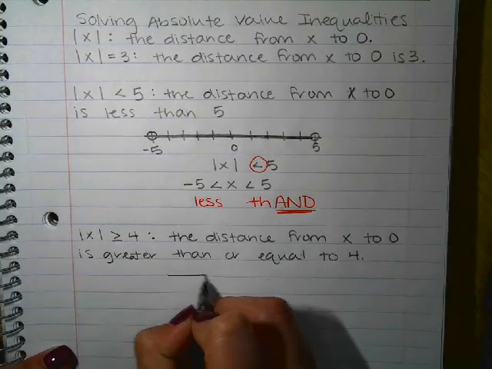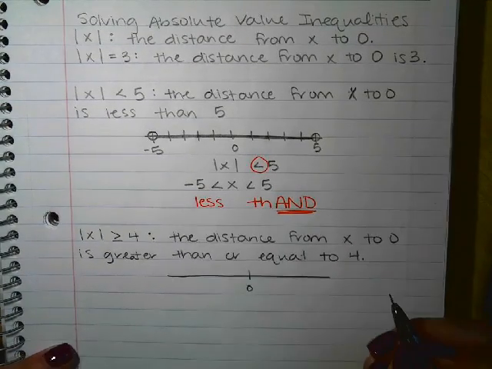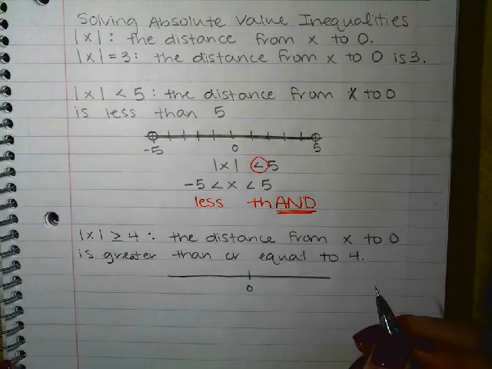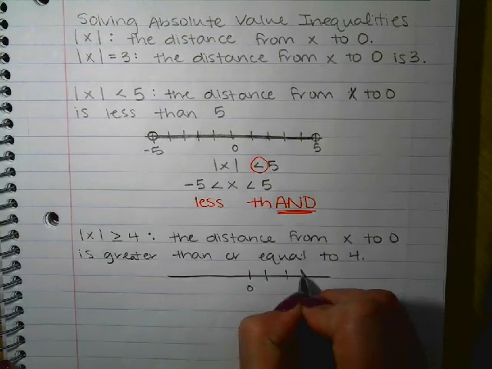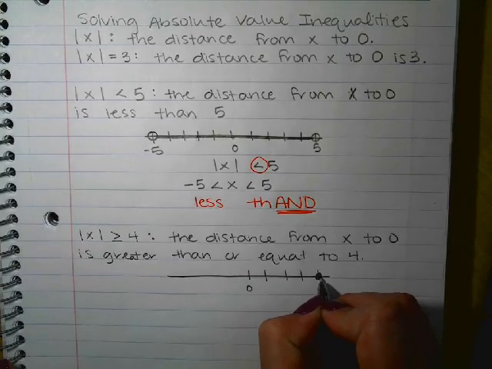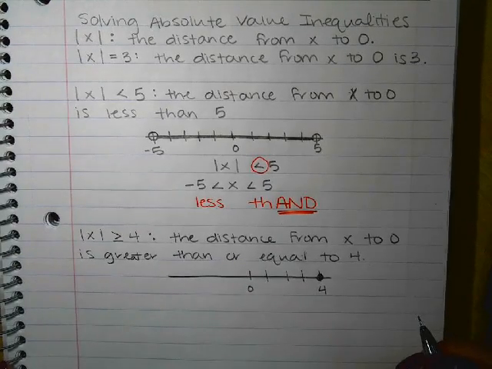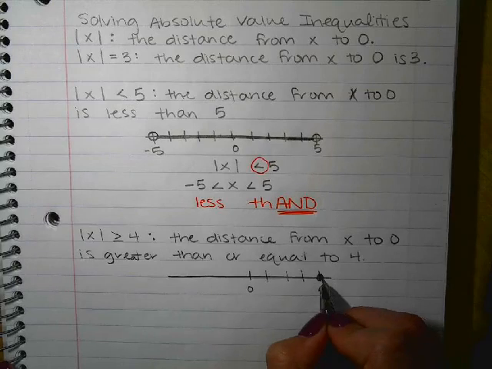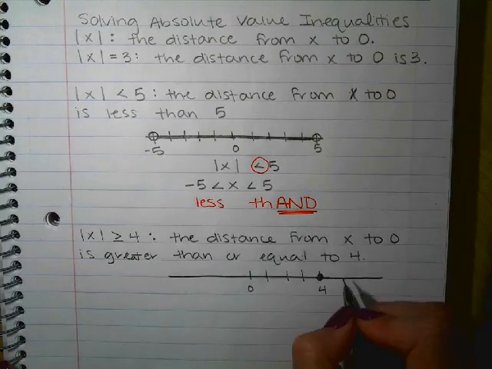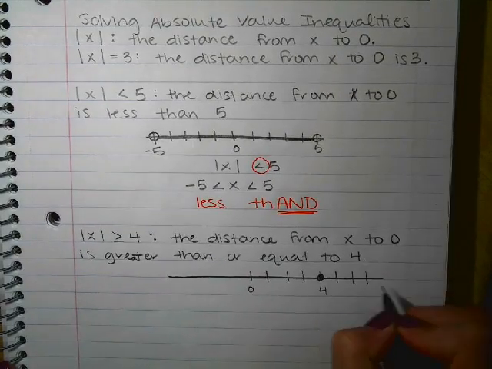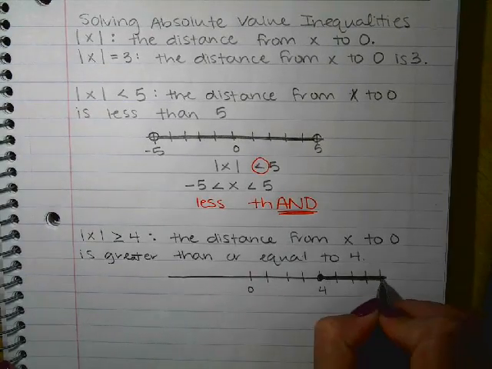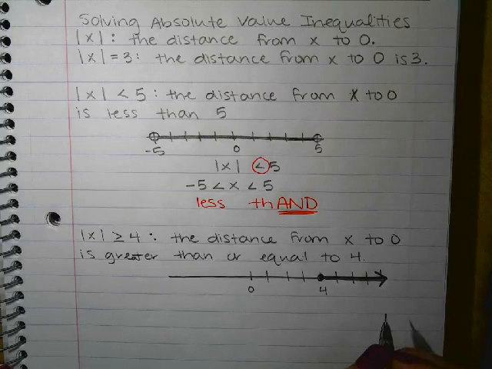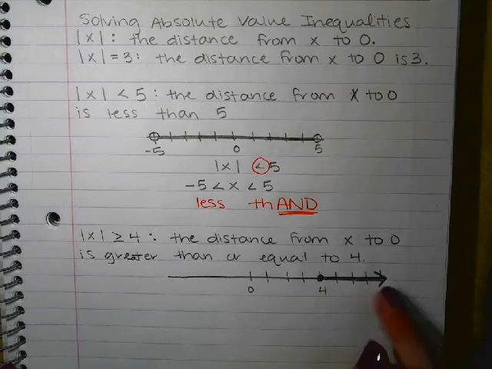If I draw my number line, here's 0. The distance of x to 0 could be exactly 4, so 1, 2, 3, 4. Or it can be anything greater than that: 5, 6, 7, 8. But it can't be any numbers that are less than that.